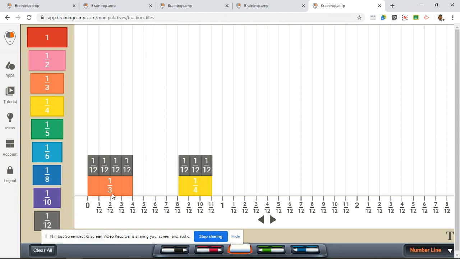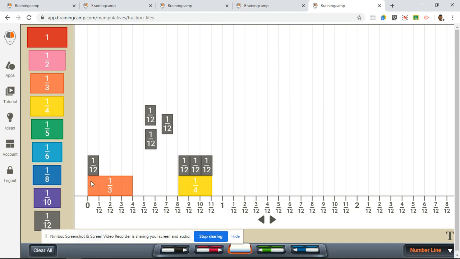So if I have 1/3, and now I know I'm working with 12ths, and 1/4 is equivalent to 3/12, that would be 3 of these. If I want to take 3 away, 1, 2, 3, that leaves me with 1/12.